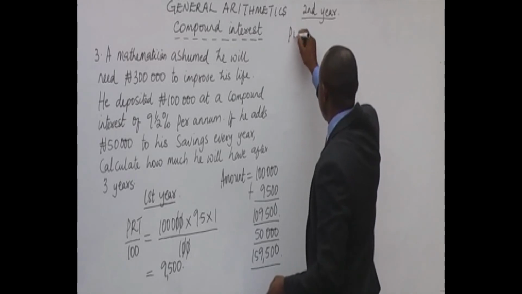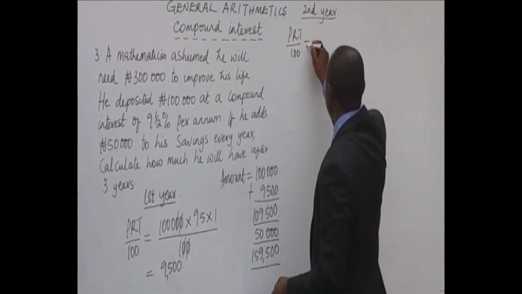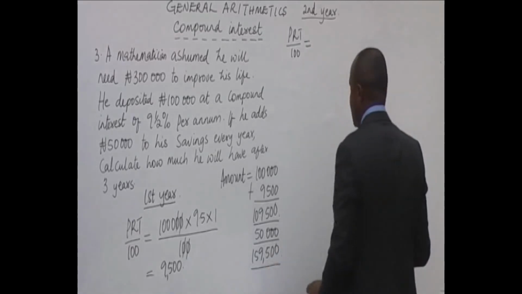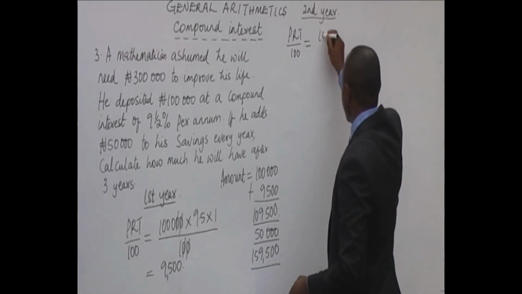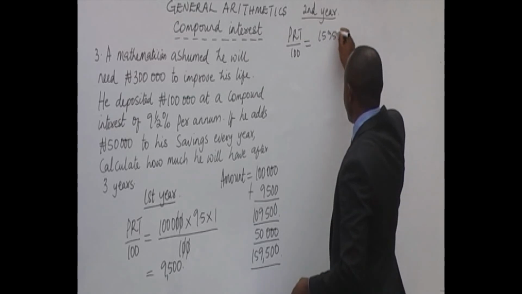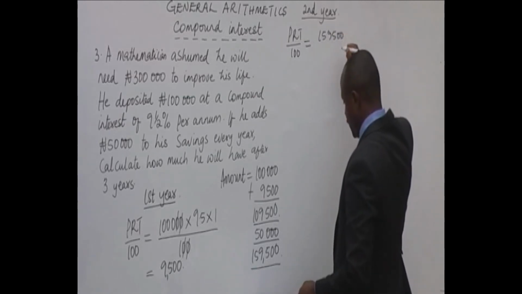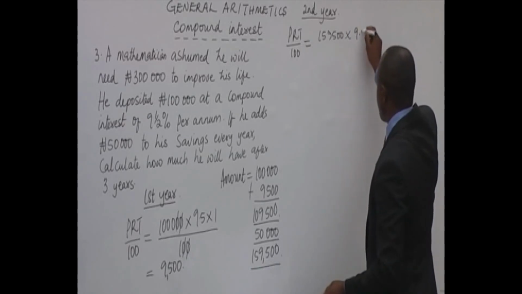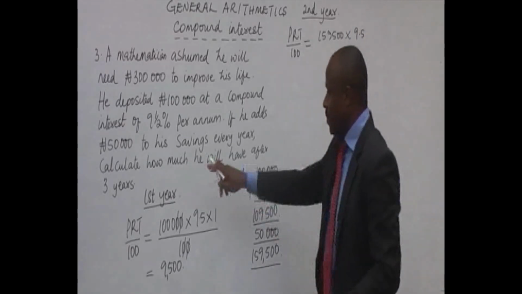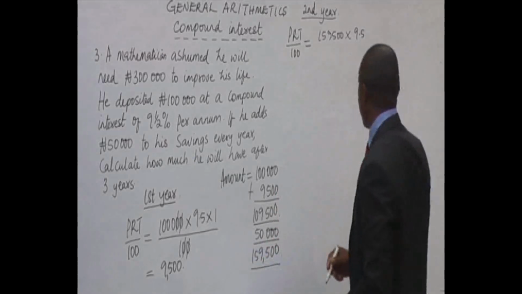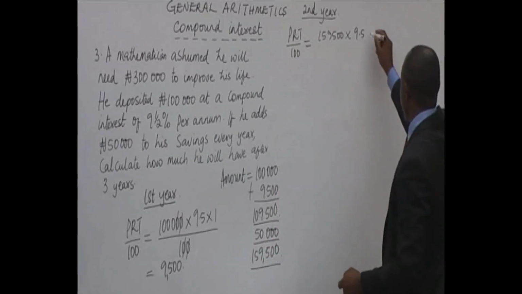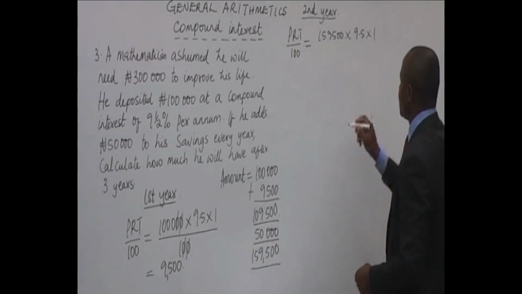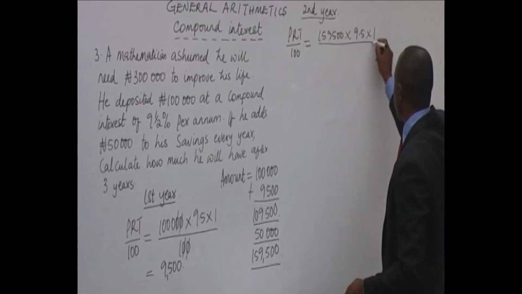Our PRT all over 100 in the second year is going to be, this principal is the one that we use in the second year, 159,500, then times the rate, 9.5, in decimal form, then times 1 divided by 100.